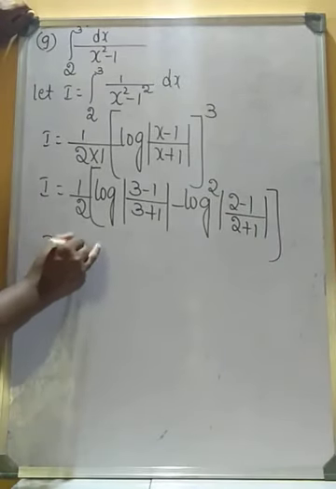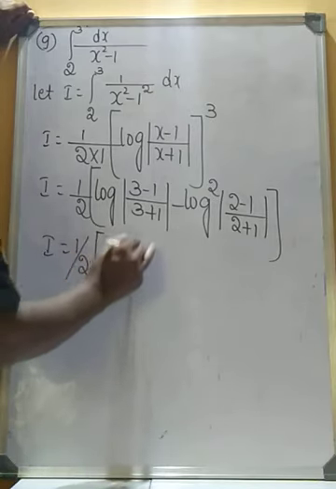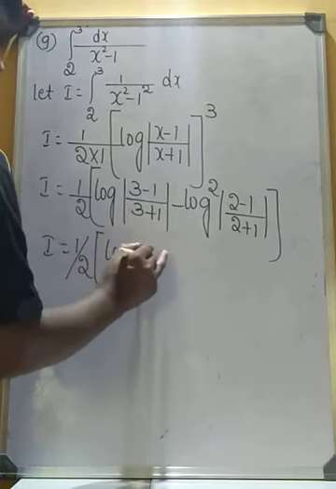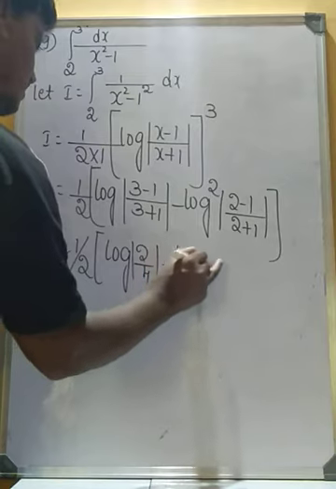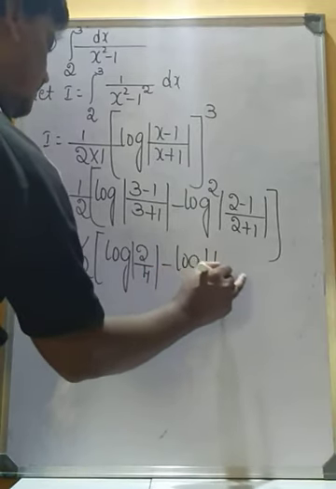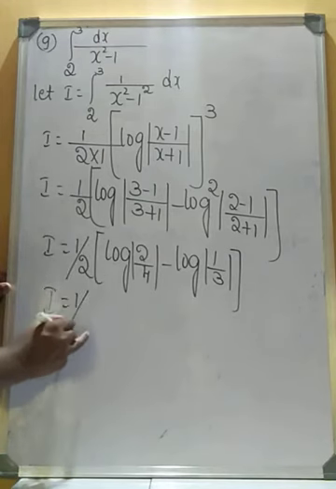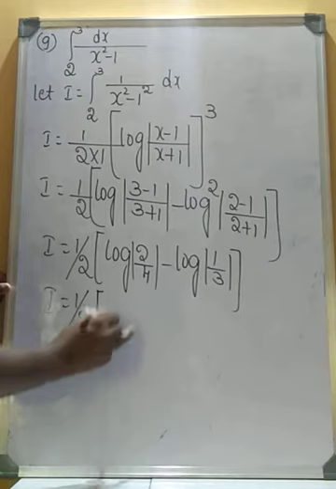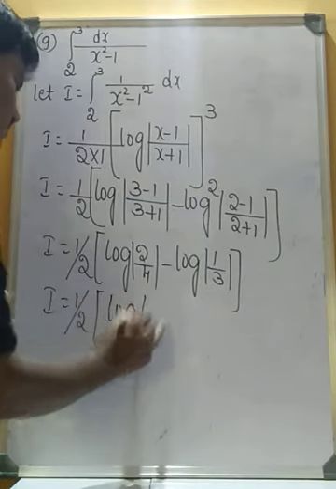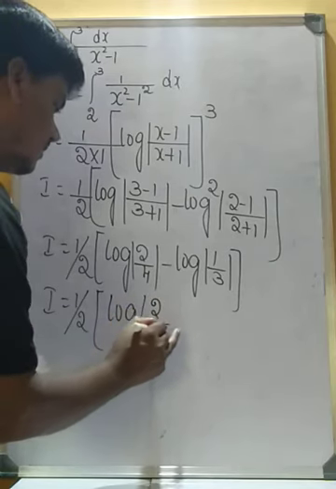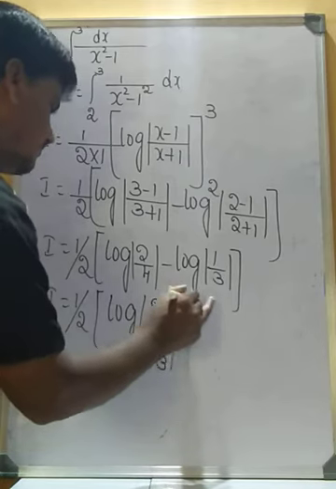Therefore, I equals 1 divided by 2 into log of 2 by 4 minus log of 1 divided by 3. Therefore, I equals 1 divided by 2, that is log A minus log B, that is log of A by B, 2 by 4 whole divided by 1 by 3.